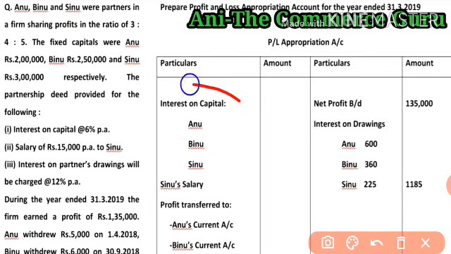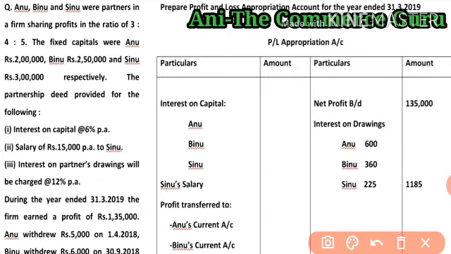First appropriation is interest on capital. Interest on capital of Anu, Binu and Sinu we need to calculate. So we have to see first what is the capital of Anu, Binu and Sinu. Anu's capital is 2 lakh, Binu's capital is 2,50,000 and Sinu's capital is 3 lakh.